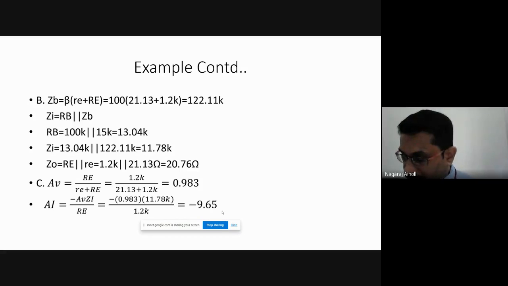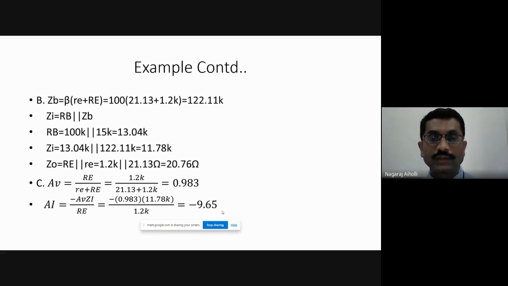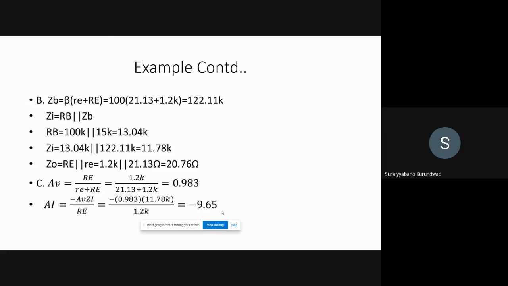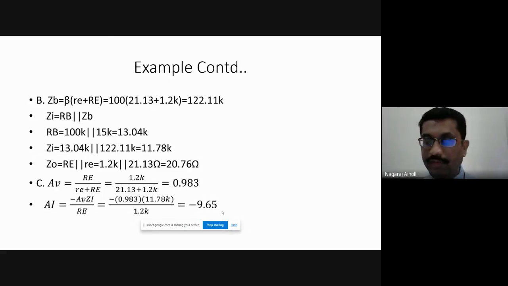Okay. Sanket? Yes, sir. Understood, sir. Okay. Shubham? Understood? Tejas? Suraya Banu? Understood, sir. Any difficulty, Suraya Banu? No, sir. Any problem in understanding?